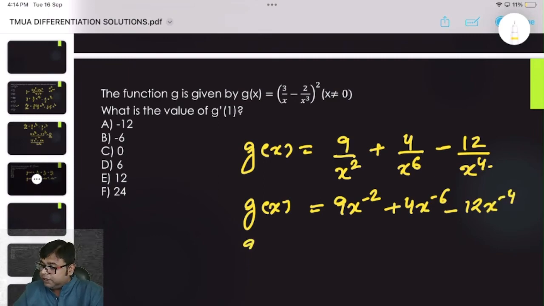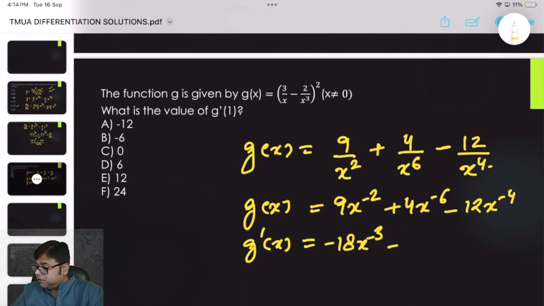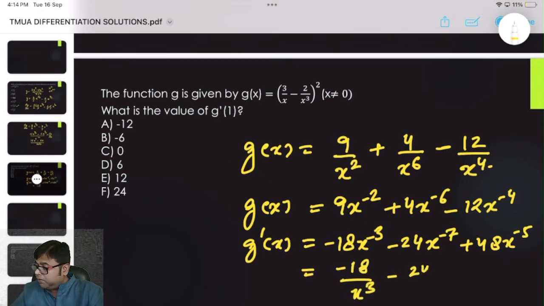Now, if I differentiate using the same definition, minus 2 will come here, so it will be minus 18x to the power minus 3 minus 24x to the power minus 7 plus 48x to the power minus 5, which in return will be minus 18 by x cube minus 24 by x to the power 7 plus 48 upon x to the power 5.